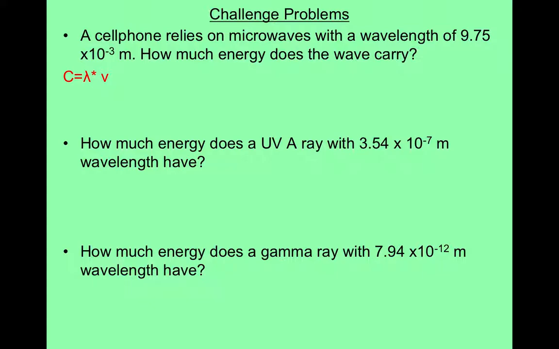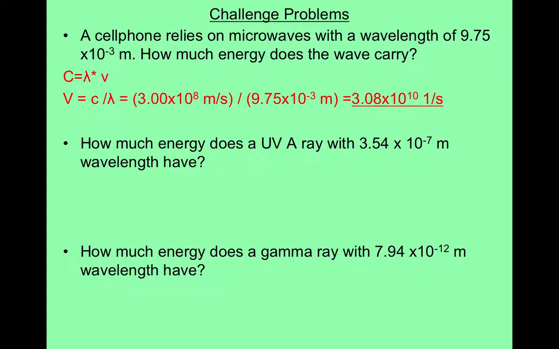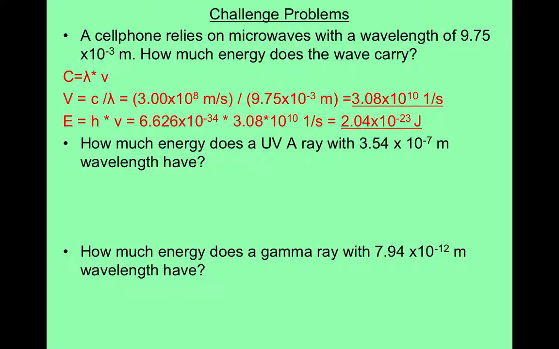So as we go through the questions here, in each case, you're going to have to start with c equals lambda times v, the wavelength times the frequency, and you're going to have to rearrange to solve for frequency. And so in the first problem, I took the speed of light divided by the wavelength number that we were given, and we calculated the frequency. And then I'm going to plug the frequency in times Planck's constant, and that's going to give us the energy in joules.